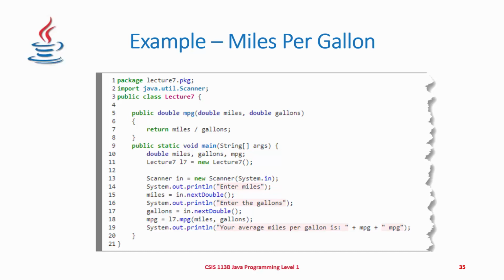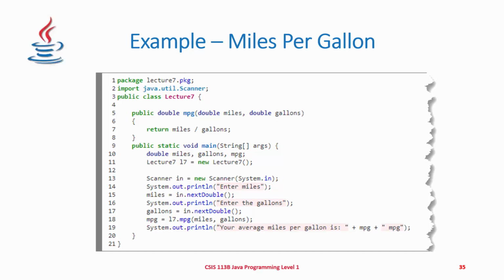In the main, we create an instance of the lecture 7 class. We call it L7. Further down you can see that a new scanner object is being created. We ask the user to enter the miles first, and it's assigned to the variable miles, which is of type double. Then we ask them to enter the gallons, which is assigned to the gallons variable, also of type double.